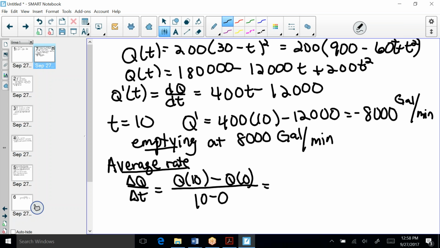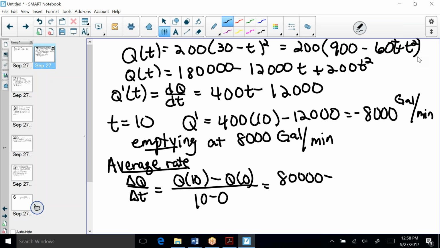So we're going to take the 10 and plug it into the original q function. That's going to give us the amount of water in that tank at 10 minutes. So plug 10 in there. 30 minus 10 is 20. 20 squared is 400 times 200. It's going to be 80,000.